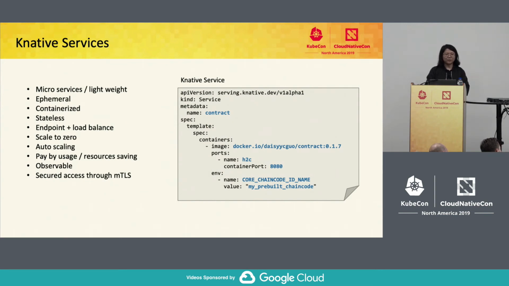There is an endpoint for third parties to invoke, and the Knative service can scale up to infinity and scale down to 0. If you are using a public cloud to run your Knative service, you can pay by usage. If you are running on your premises cloud, many services can share the same hardware, so you can save resources. And you can also easily get observability and secured access through mutual TLS.